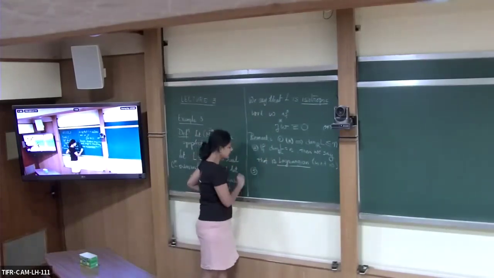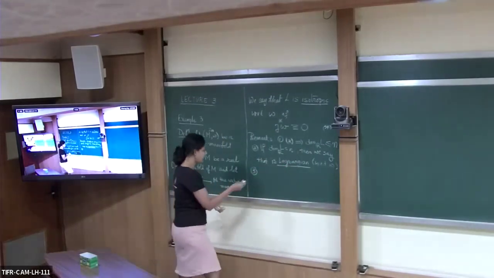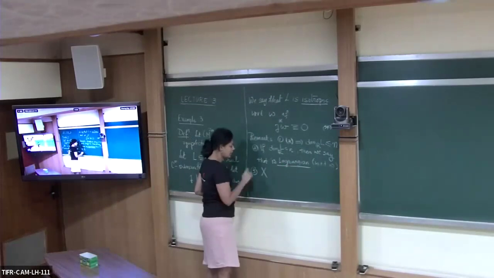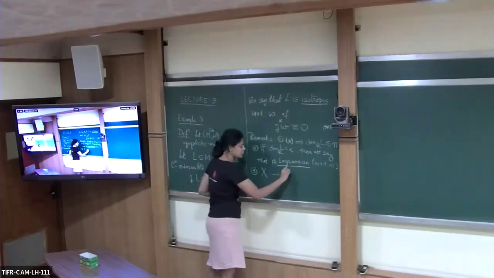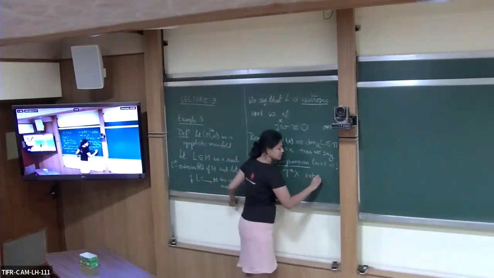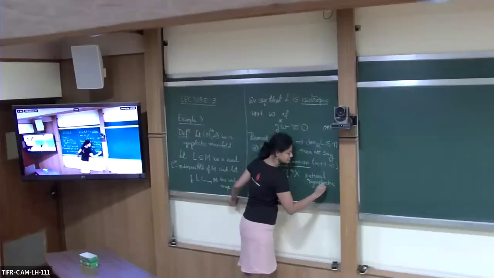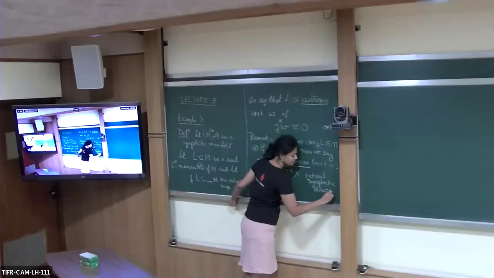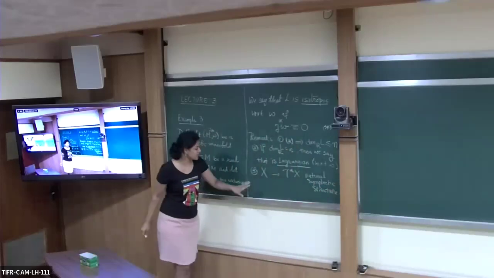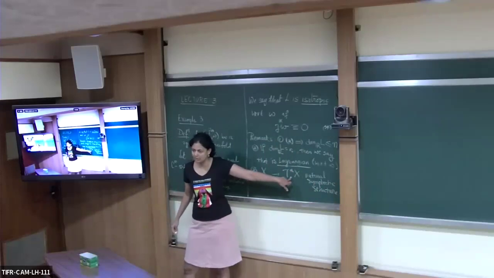So let me just say something which maybe is not that useful from the point of view of what we are doing. If you have a smooth manifold X, then when you look at the cotangent bundle, it has a natural symplectic structure. X is any smooth manifold, and the cotangent bundle will have twice the dimension, so it will have even dimension, and it can be given a natural symplectic structure.